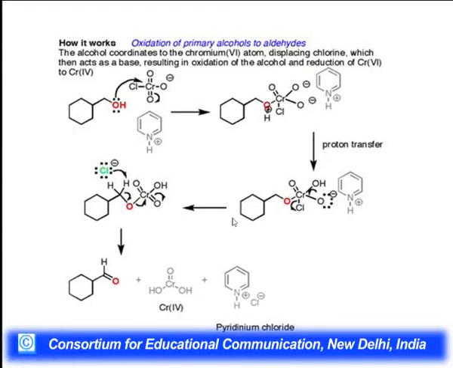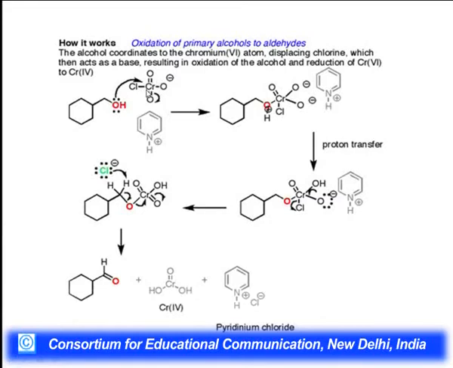So this is a very interesting reaction. If we look into the structure of chromium here, this chromium is electron deficient because it is attached to electron withdrawing groups here.